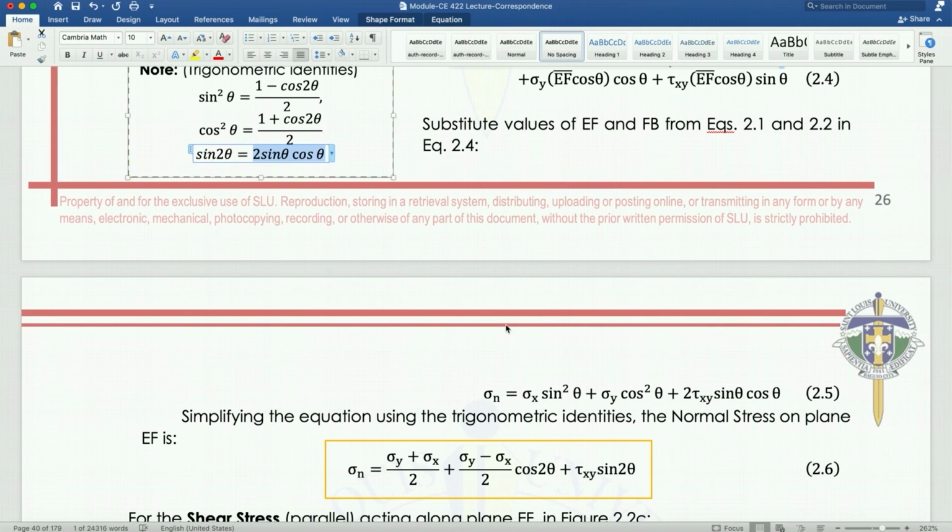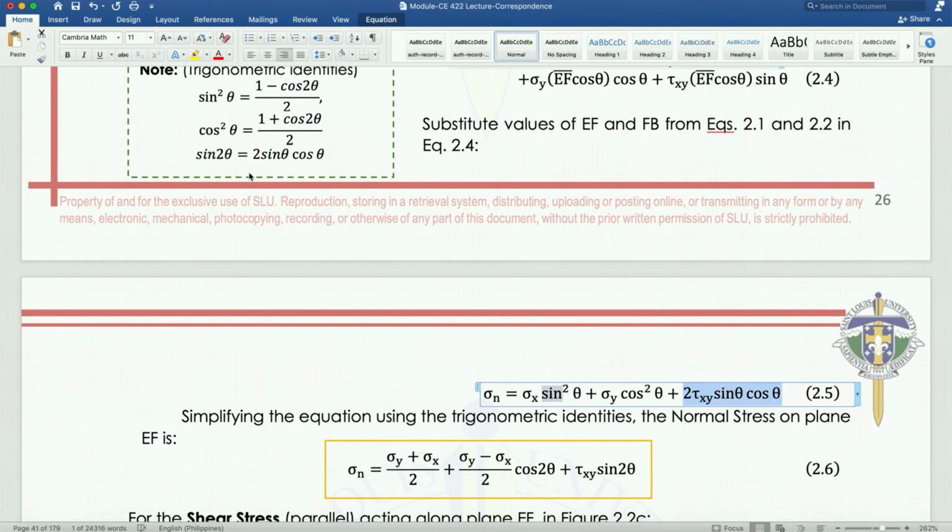So substituting and using our trigonometric identities, sine theta squared, papalitan natin ng 1 minus cosine 2 theta over 2. Yung cosine theta squared, papalitan natin ng 1 plus cosine 2 theta over 2. And itong 2 tau xy, sine theta, cosine theta.